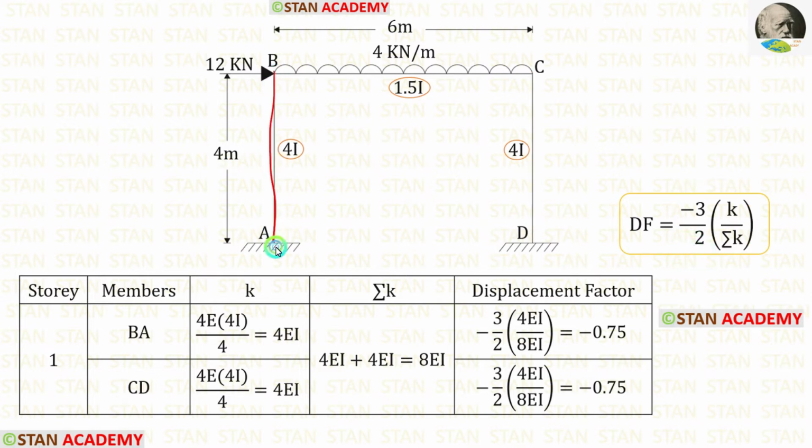For the column BA and CD, we have already calculated the stiffness values. Now let us find sigma k. For that, we have to add these two values. After adding, we are getting 8EI. Then, using this formula, we can find the displacement factors.